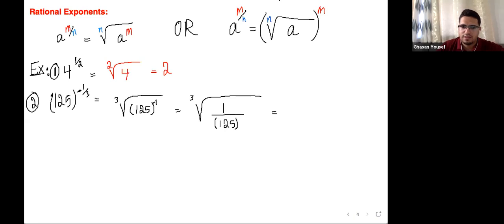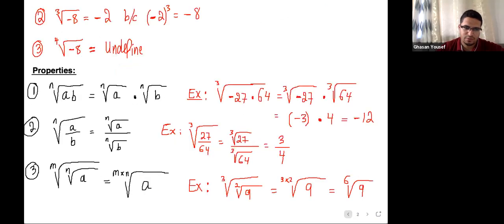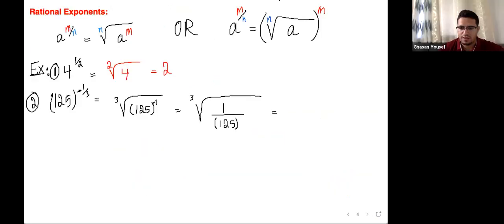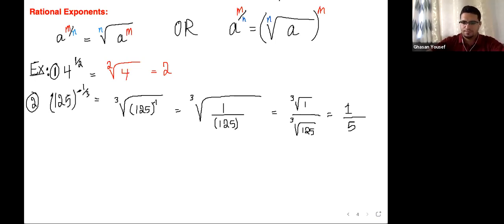So I can distribute the radical like I learned before from property number 2, distributing the root, the radical. So I get the third root of 1 over the third root of 125. The third root of 1 is equal to 1, always 1. And the third root of 125 is 5. So the answer is 1 over 5. Okay.